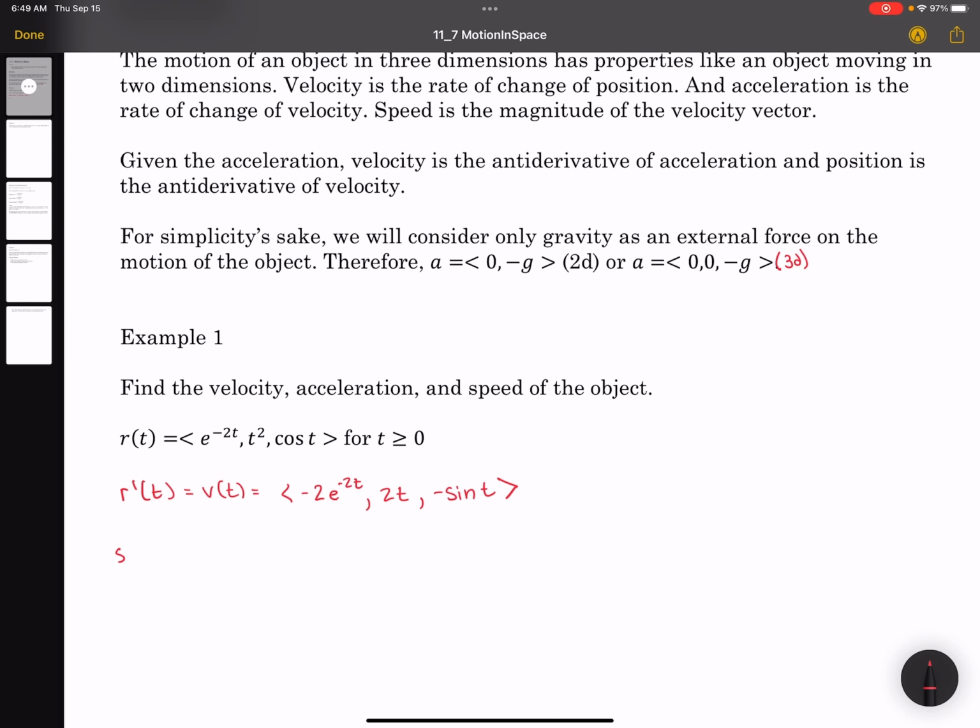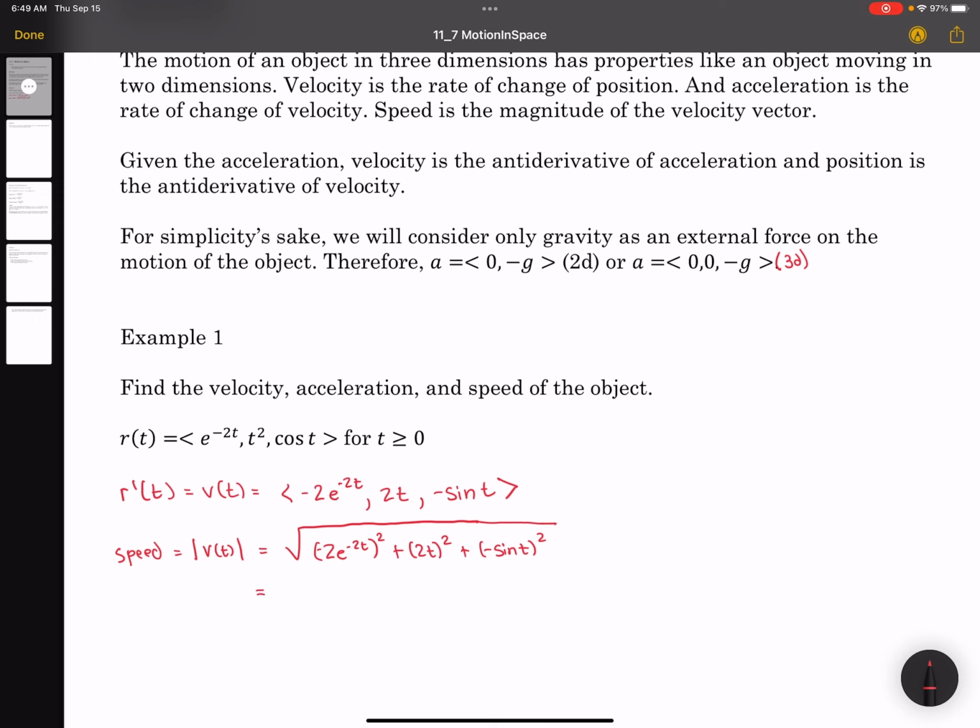So we'll say speed is equal to the absolute value of velocity or the magnitude. So that's just going to be each component squared added together and under the square root. So we're going to get negative 2e to the negative 2t squared plus 2t squared plus negative sine t squared.